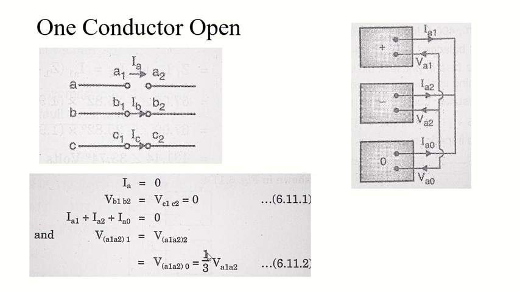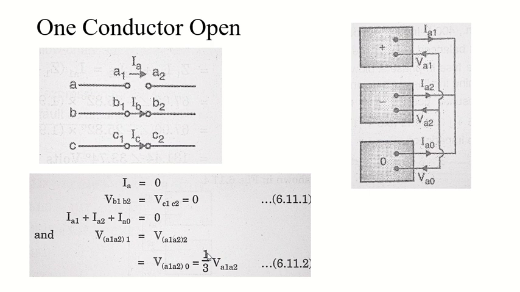First one is the one conductor open. So basically here you can see I'm having three phases, A, B and C. One conductor of A phase has been opened here. So when such a thing happens, the remaining conductors are as they are in B and C phases.